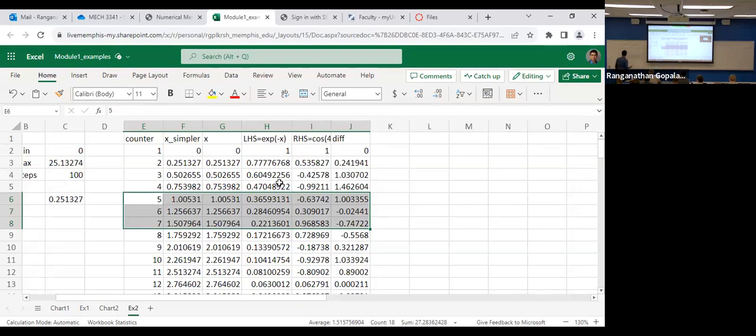So a very crude estimate is x equals 1.257. Are you with me so far? A very crude estimate is to take your table and just take this middle value, which has the minimum difference, and call it your root.